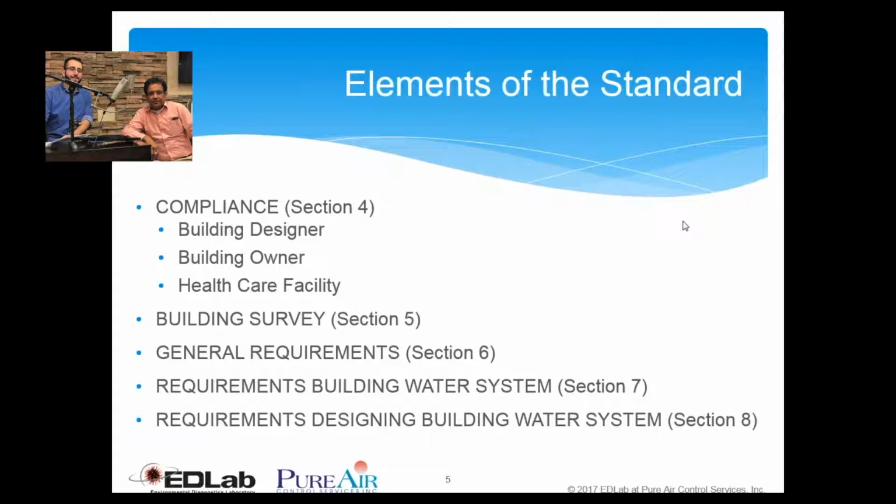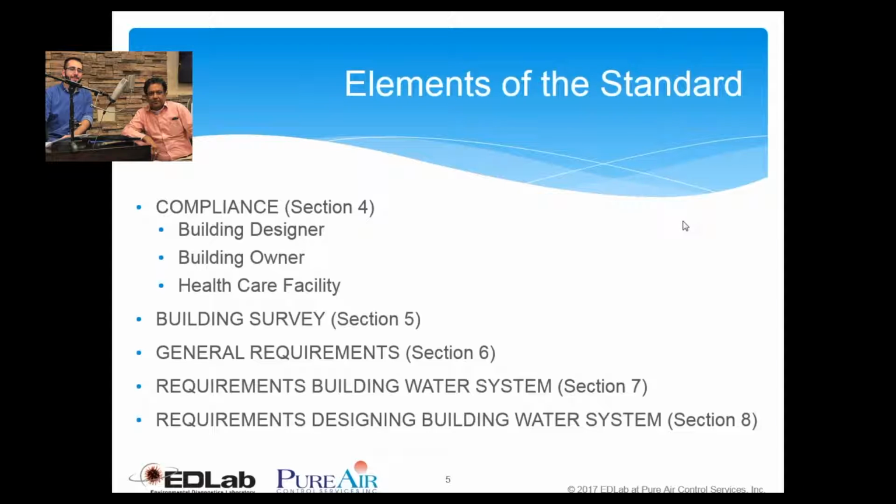This standard also has 3 annexes, named Annex A, B, and C. If you get your hand on that book released by ASHRAE, you can find all the finer detail there. Today I'm going to emphasize the core elements, the core points, and how we can utilize them in order to minimize the risk of Legionellosis.